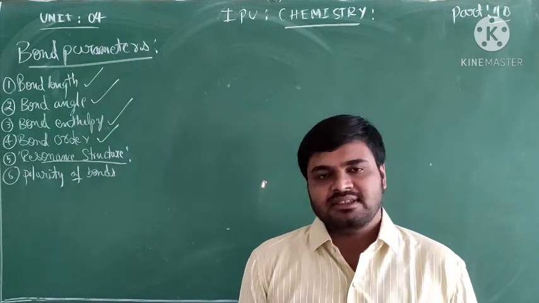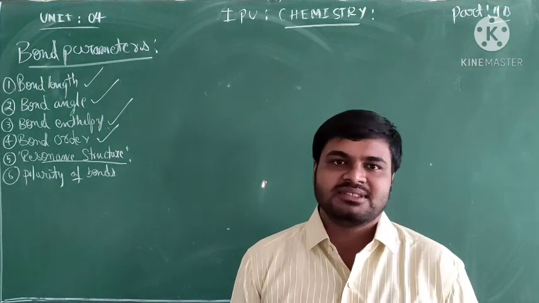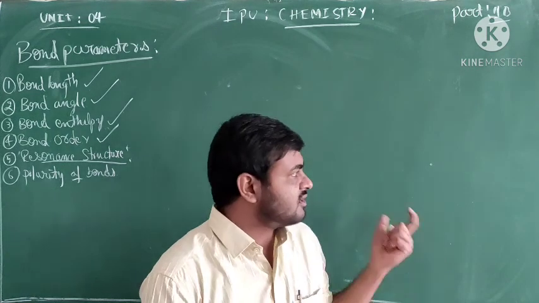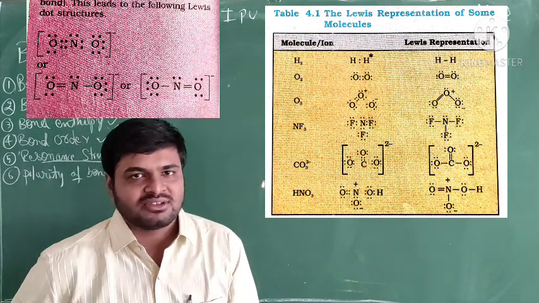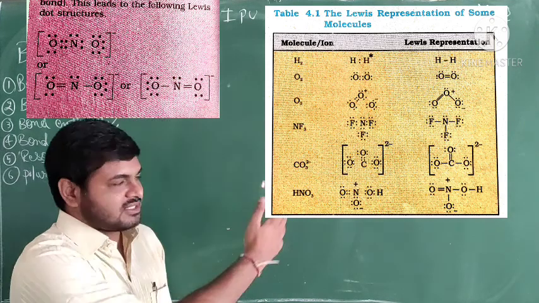You already know Lewis structures. The Lewis structure of some molecules will give more than one structure. Just observe this chart. Several molecules are there. They give more than two structures.